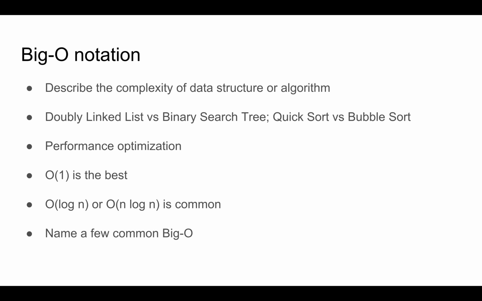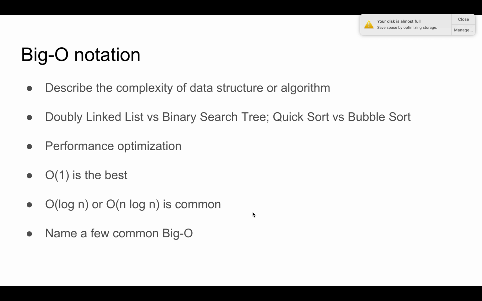tell your colleagues, okay, doubly linked list, because it works this way, so that's why it inserts something faster. You may just have to tell them, okay, for a doubly linked list, inserting something at the beginning or at the end takes just O(1), which means that no matter how large your list is, you still spend the same computation time on inserting something.